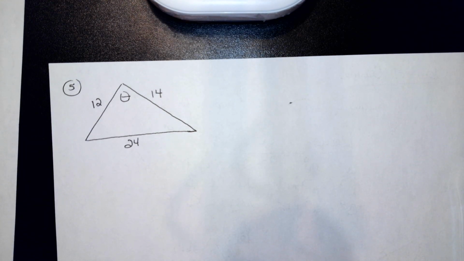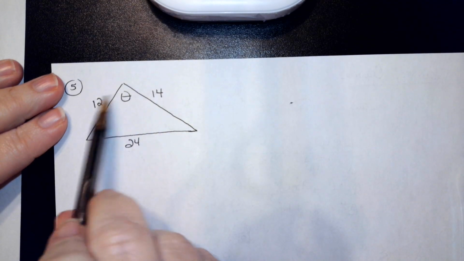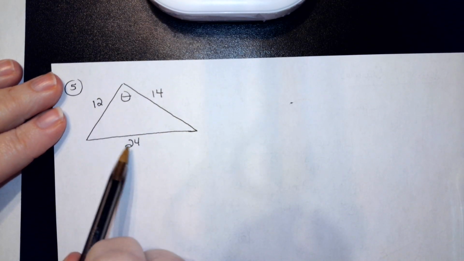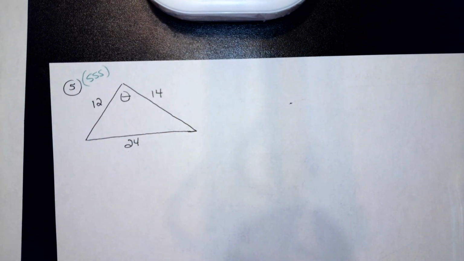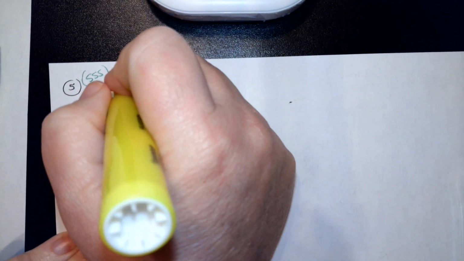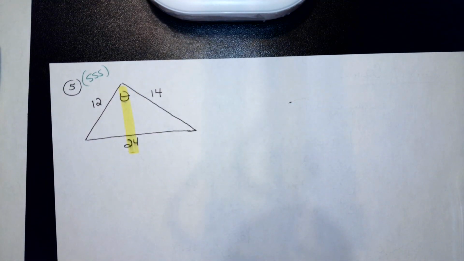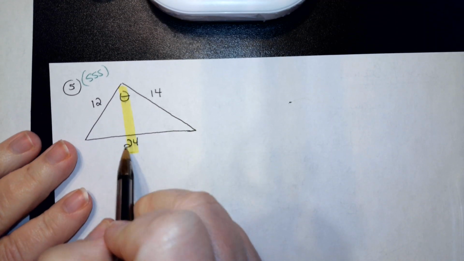Alright, so what we notice here is we're given all 3 sides of our triangle. So this is a side, side, side scenario. And we are being asked to find our angle. So again, we want to work with the angle and the opposite side. We're not using sine on this one because we don't know the angle and the opposite side.